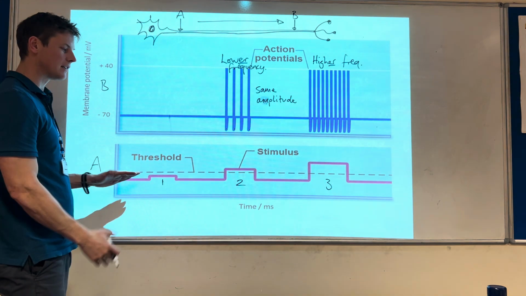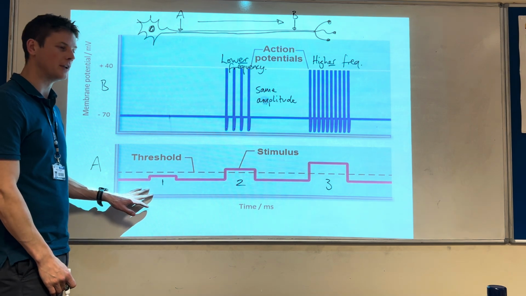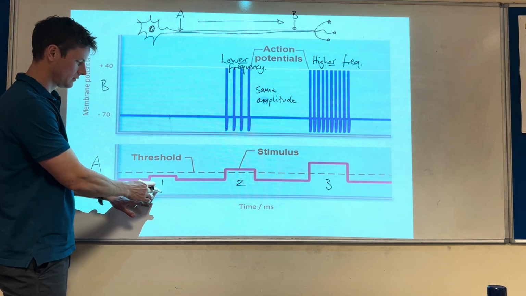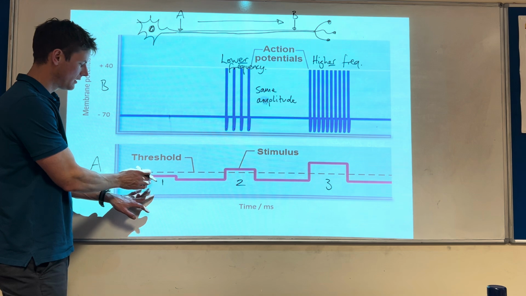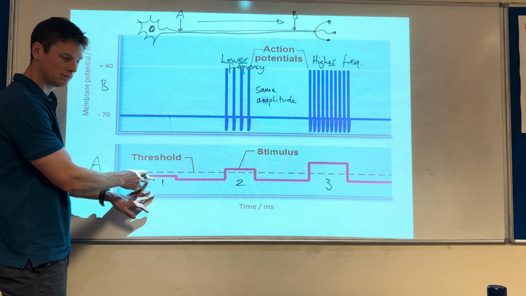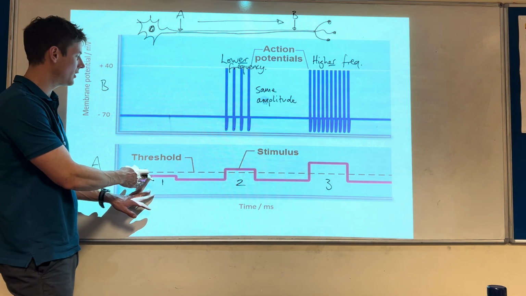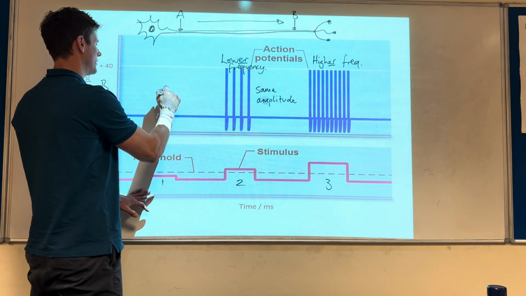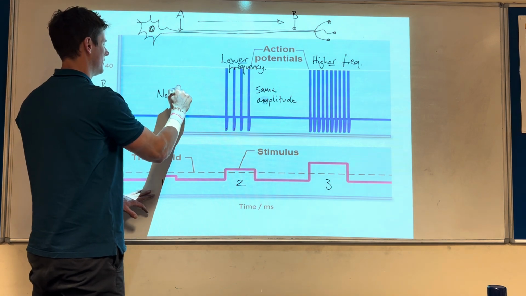So again, this diagram also demonstrates that all or nothing principle. Small, sub-threshold, not enough sodium ions diffuse in because there aren't enough sodium ion channels open. We've got this idea of nothing.